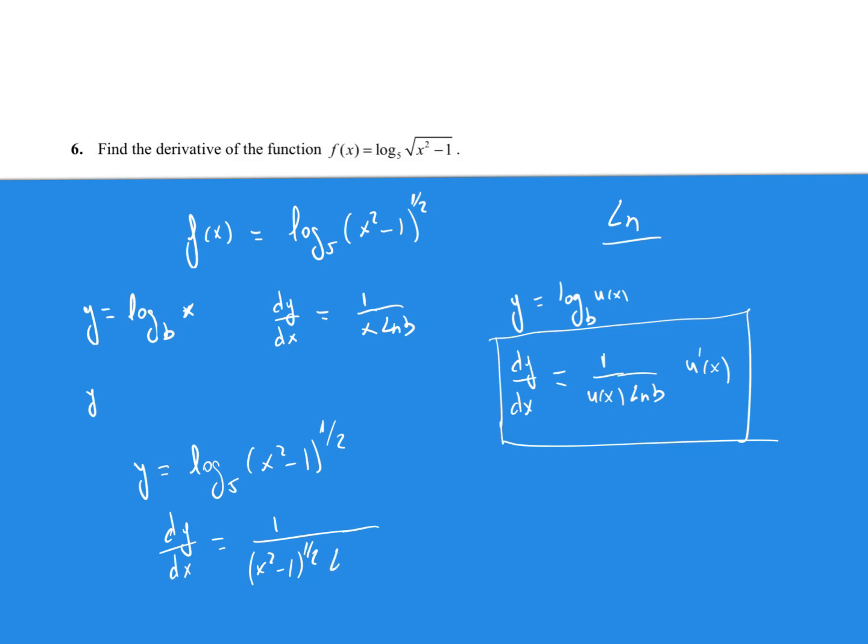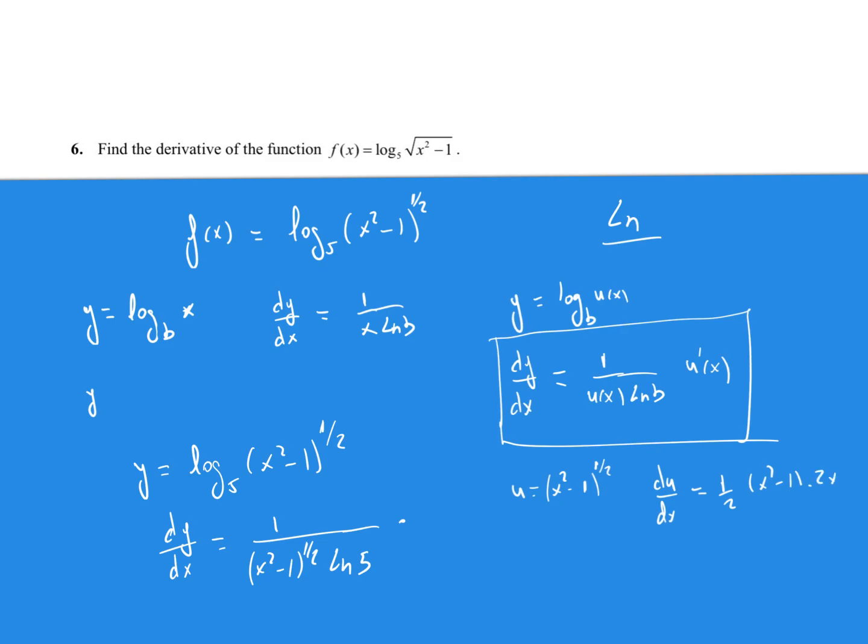Multiplied by the natural log of the base, 5. And multiply here in the numerator by the derivative of u. U in this case is x squared minus 1 raised to 1/2. And the derivative of u with respect to x is 1/2 times x squared minus 1 multiplied by 2x.